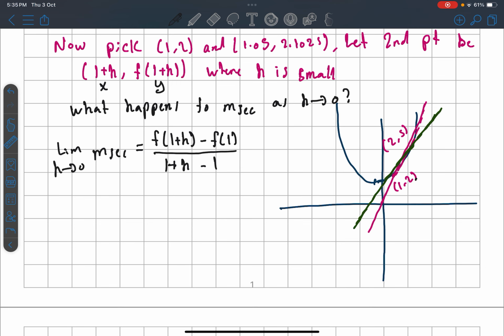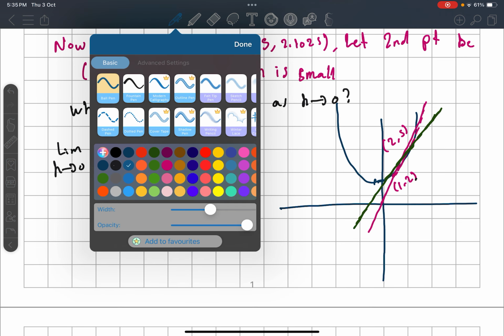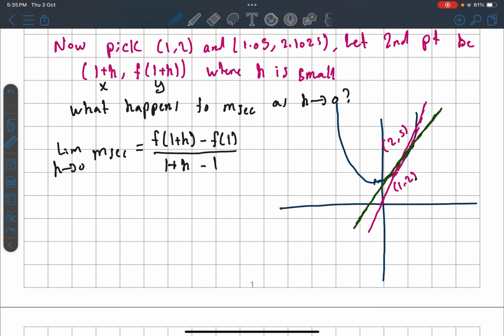So 1 with 1 will cancel. That means f(1 plus h) minus f(1) over h.